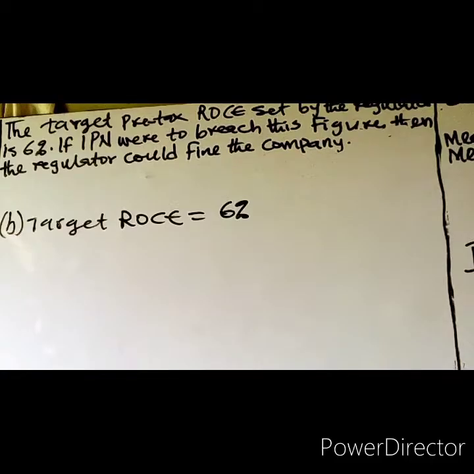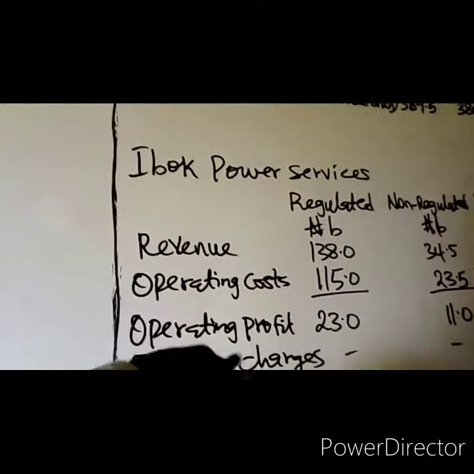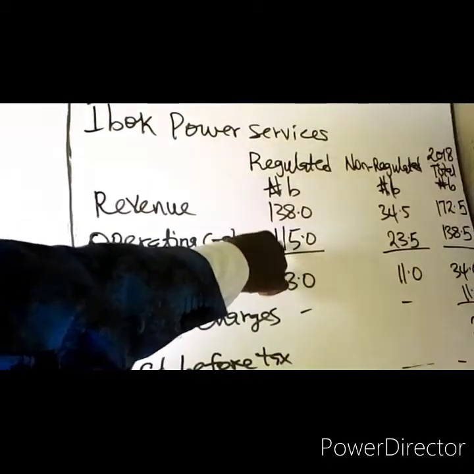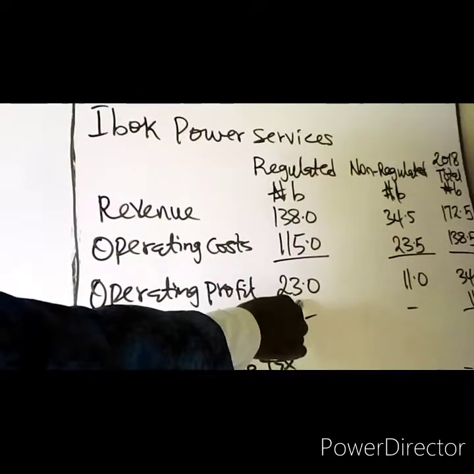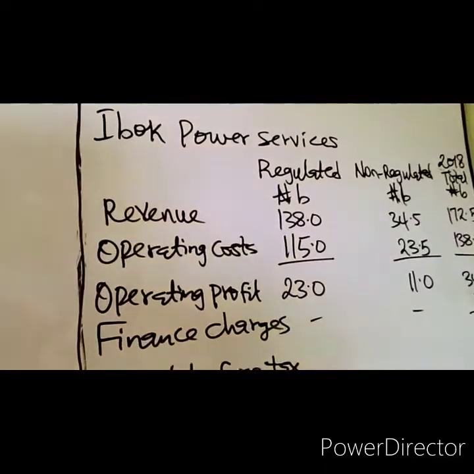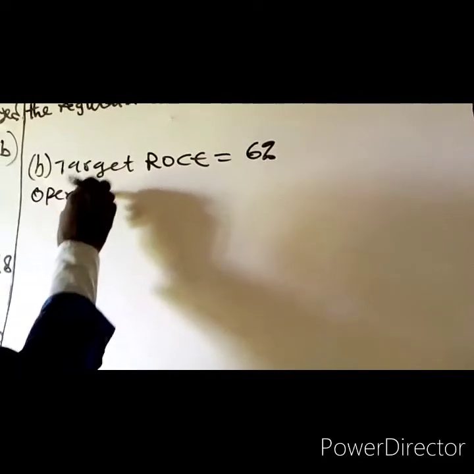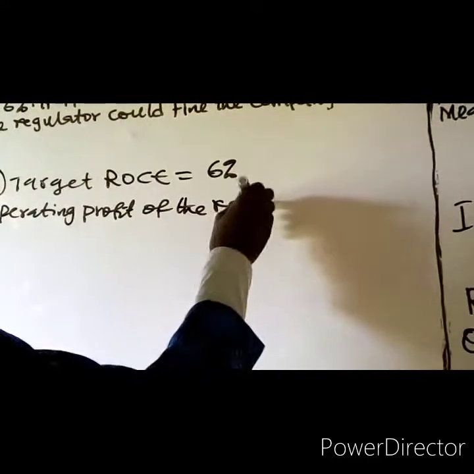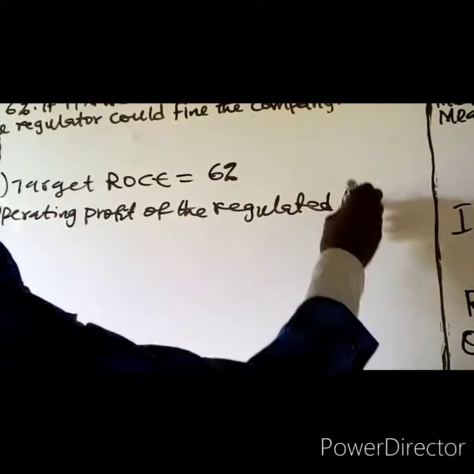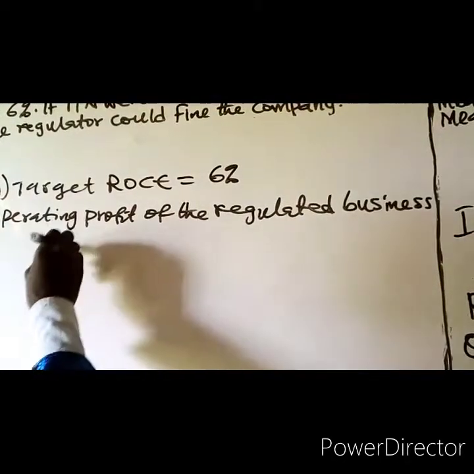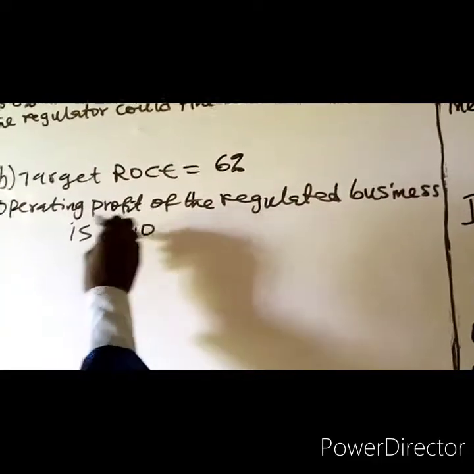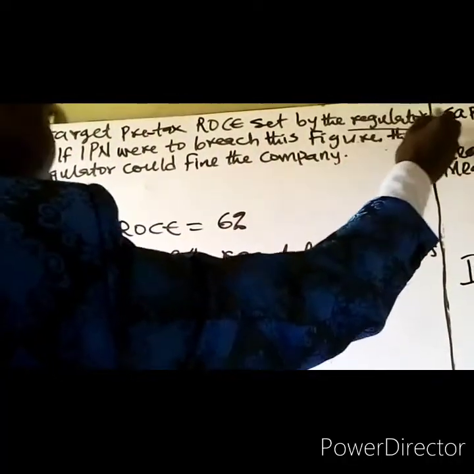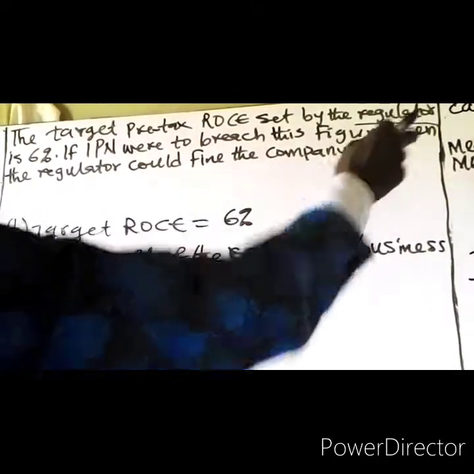You are given the operating profit of the regulated business, which is 23.0 billion naira. Remember, this target ROCE is set by the regulator.